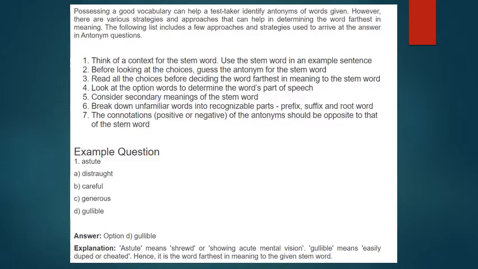Now here, gullible means what? A person who can be very easily cheated, who will believe you very easily, and therefore you can cheat him very easily. Hence, the right answer will be gullible. It is the word farthest in meaning to the given stem word.